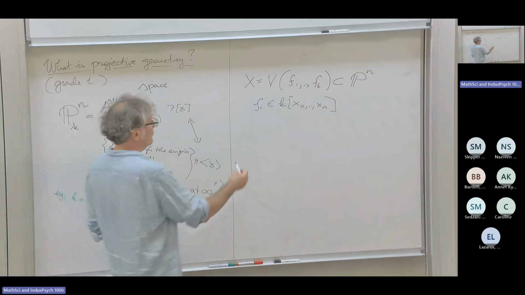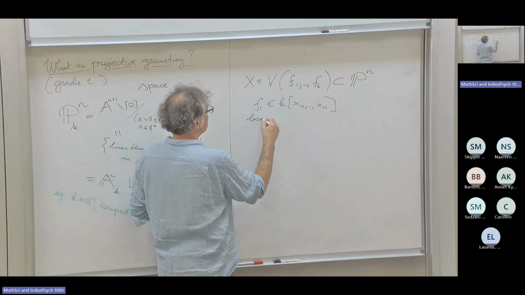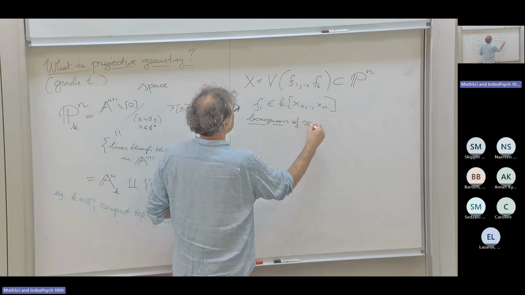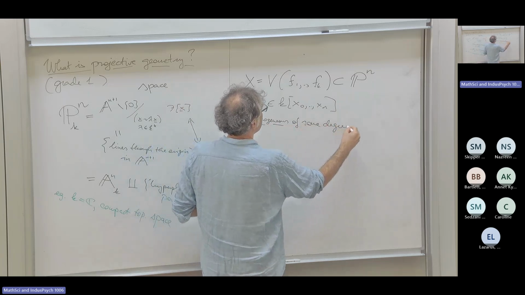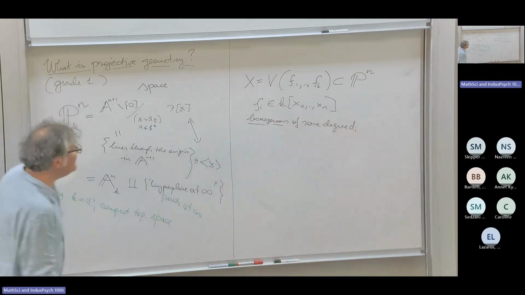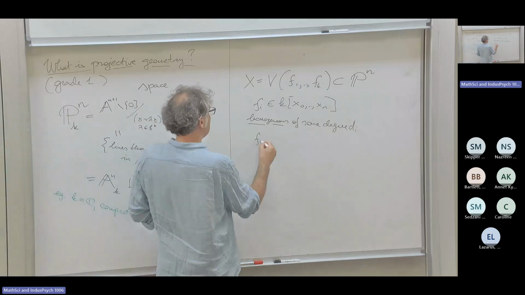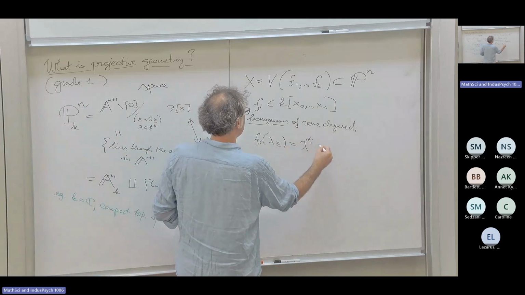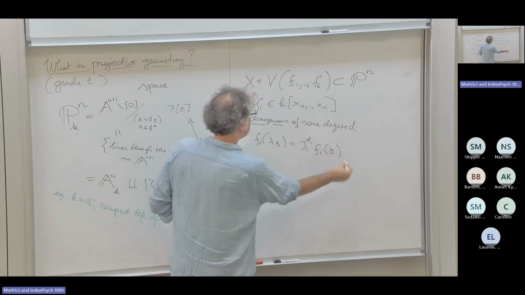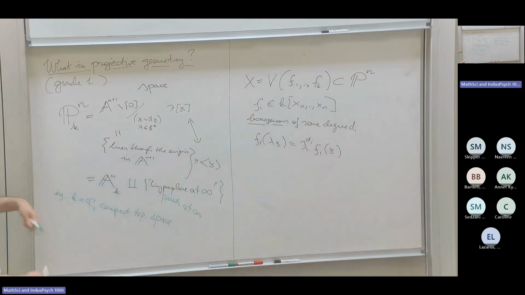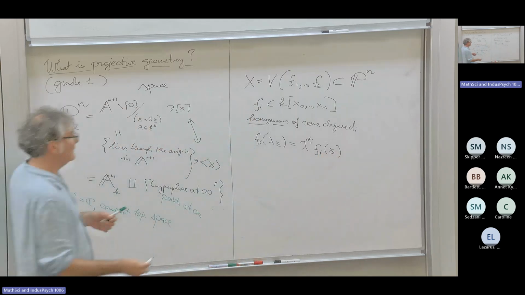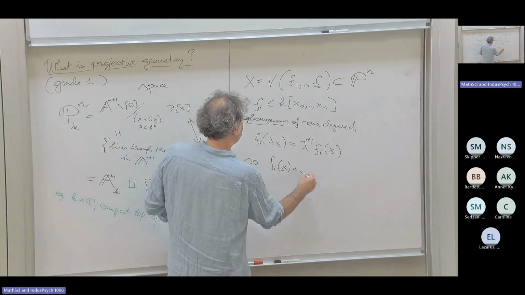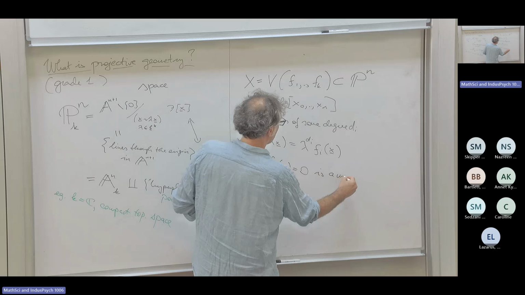But we want to insist that they are homogeneous of some degree di, meaning that if I compute Fi of lambda x, I get lambda to the di times Fi of x. So the vanishing of these polynomials is a well-defined subset. Fi of x equals 0 is a well-defined condition.